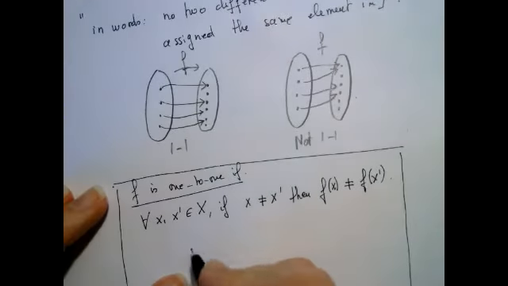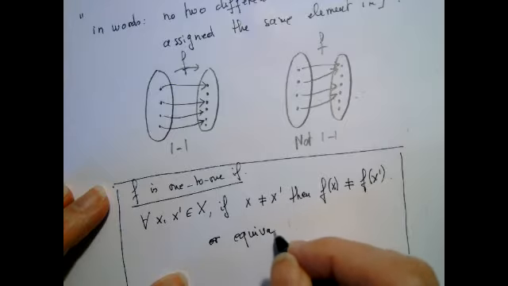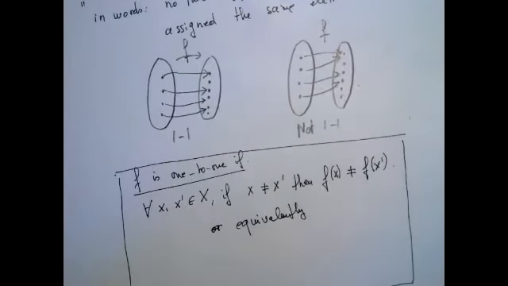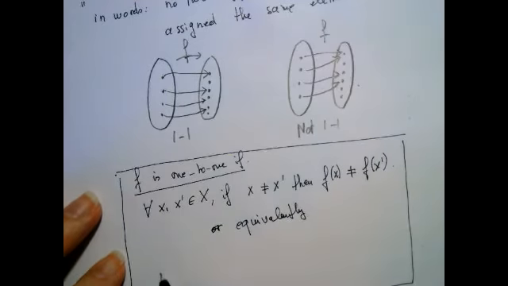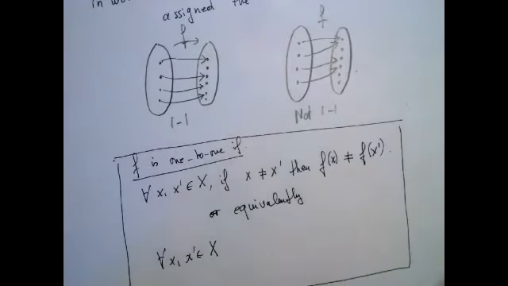Or another way, that's equivalent to say the following. Okay, I want to write the contrapositive of that. Or equivalently, given any X and X prime in X. Okay, what is the contrapositive of that?